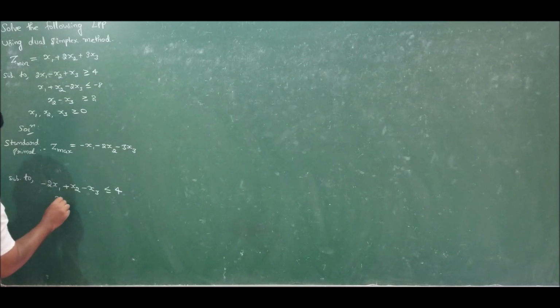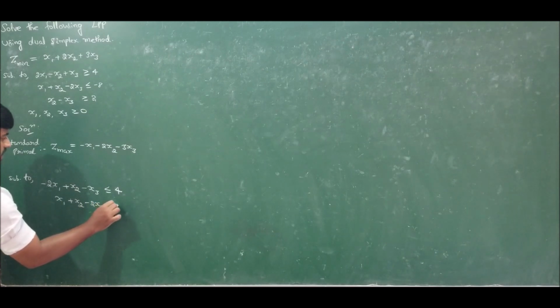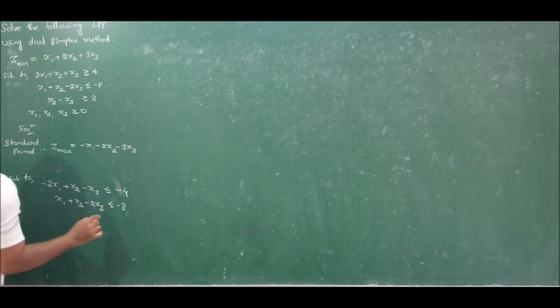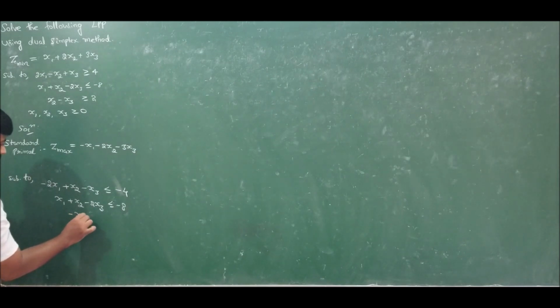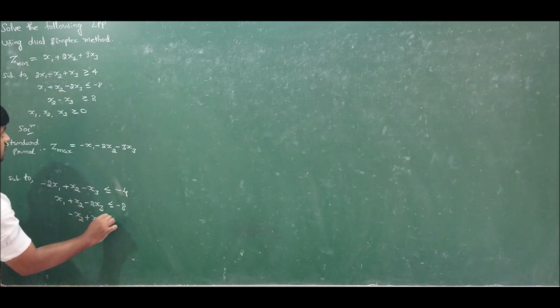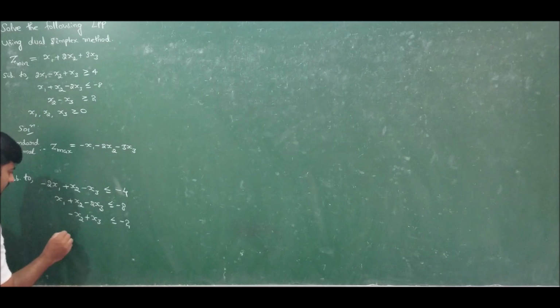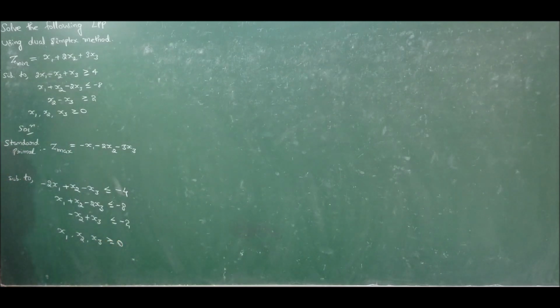Then we have x1 plus x2 minus 2x3 less than or equal to minus 8. Correct? And we have minus x2 plus x3 less than or equal to minus 2 and we have the positive constraint x1, x2, x3 are all positive.